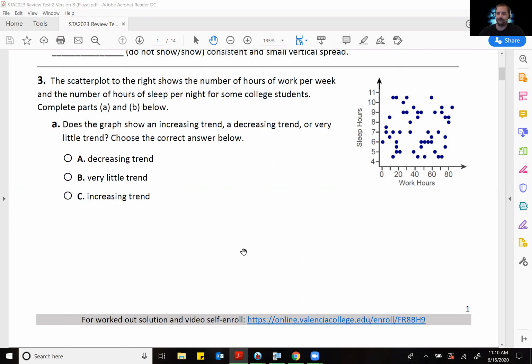Very little trend. Yeah, very little trend. So that would be B. Sorry about that, I wrote down the wrong letter. Okay, so then part B.